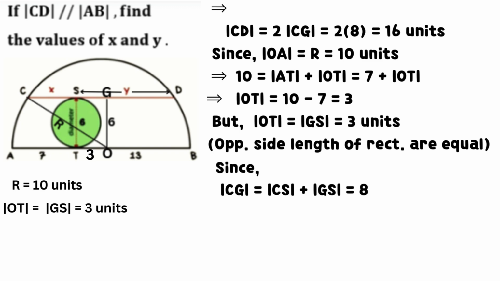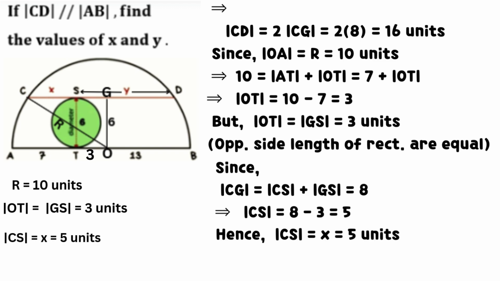Since line CG equals the sum of line CS and line GS, which equals 8, it follows that line CS equals 8 minus 3, which equals 5 units.